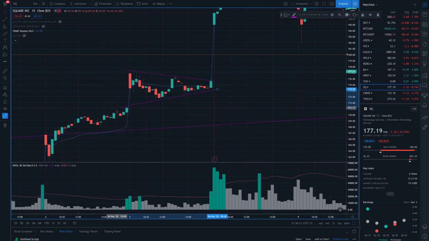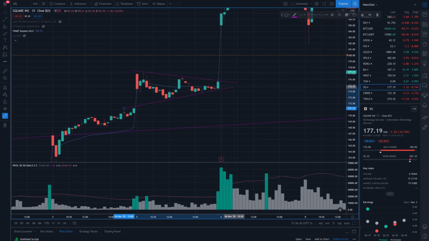You can see this place right here is squeezing into a smaller triangle, where it's not making lower lows, it's making higher lows, right? Because each candle, you see, the bottom is higher than the previous because it's climbing up.